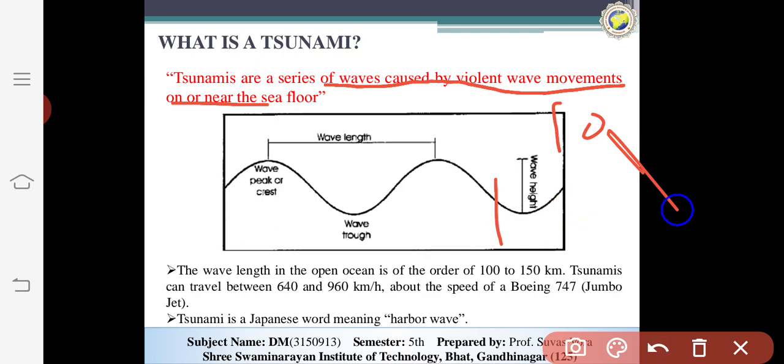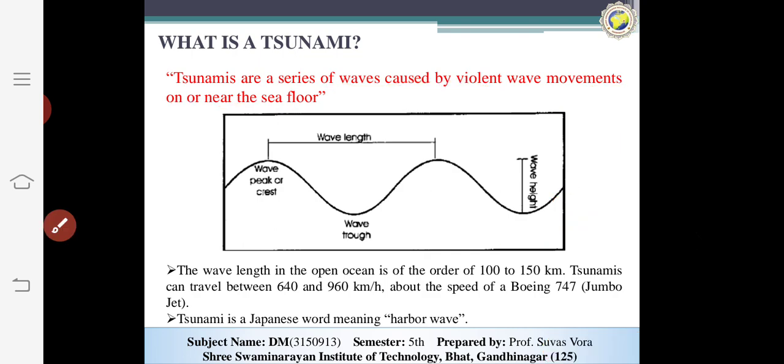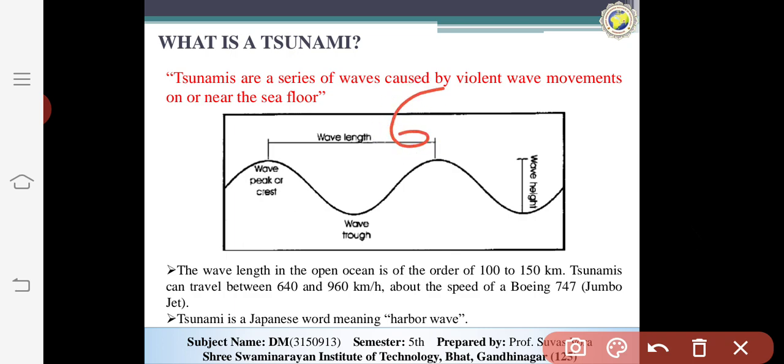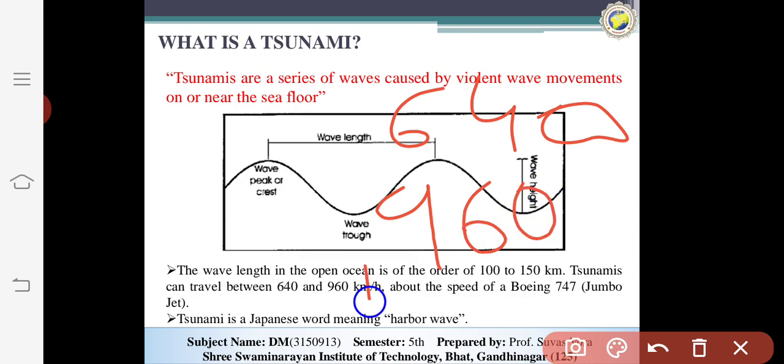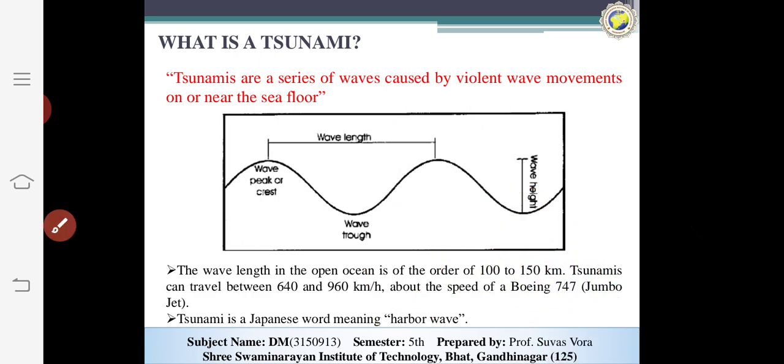And the tsunami travels, it means when a tsunami starts, it approximately travels at 640 to 960 kilometers per hour.